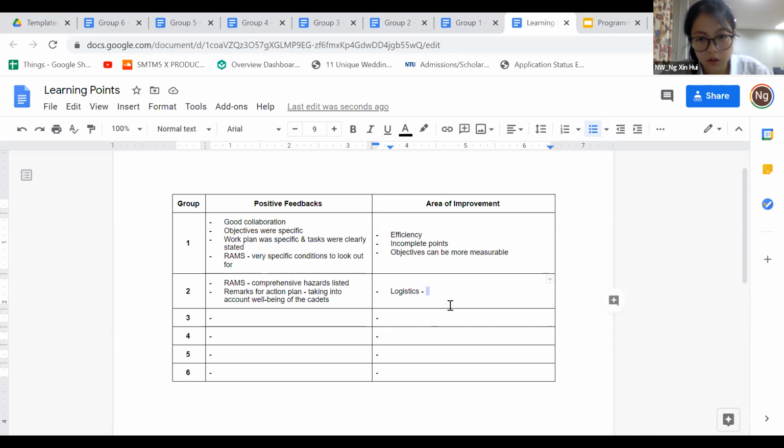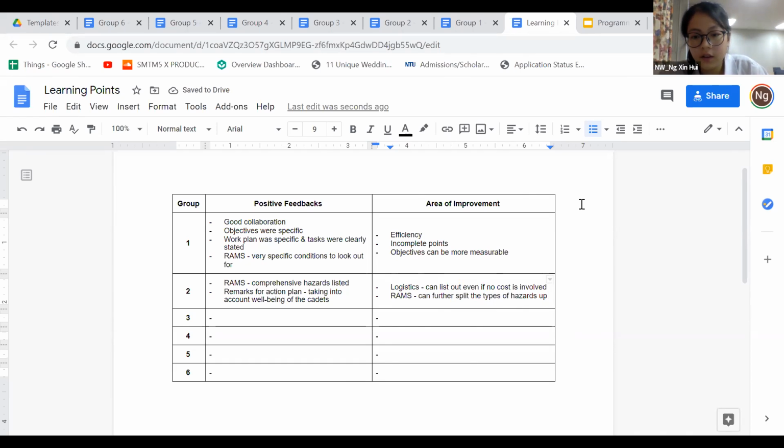And then for the risk and hazard assessment part, for the possible accident hazards, we can actually split up the different types of hazards into different parts. Anything else you want to add on?